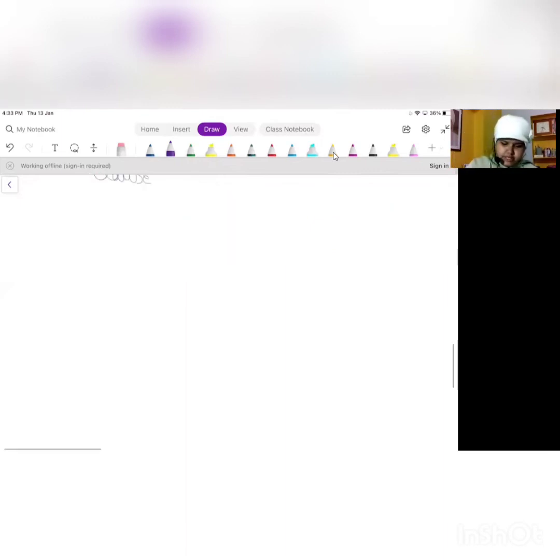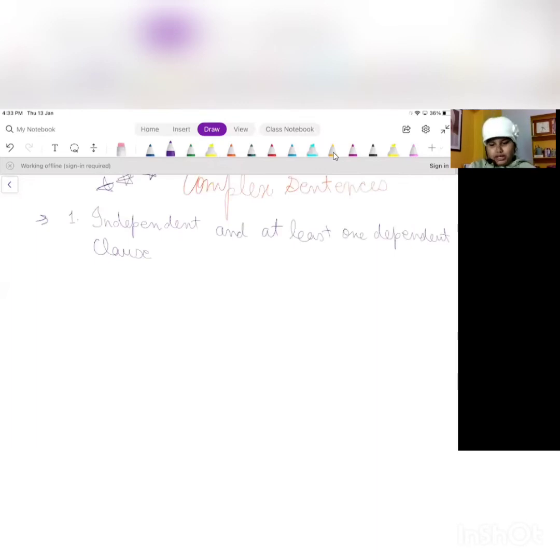Then second one, joined by subordinating conjunctions. Don't use coordinating conjunctions, please use subordinating conjunctions.